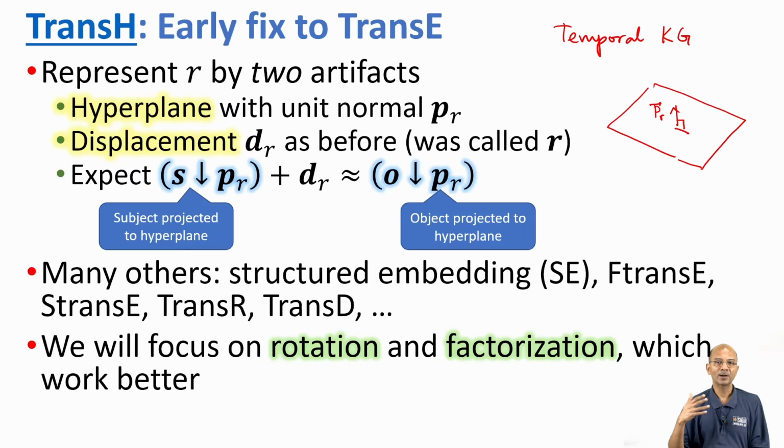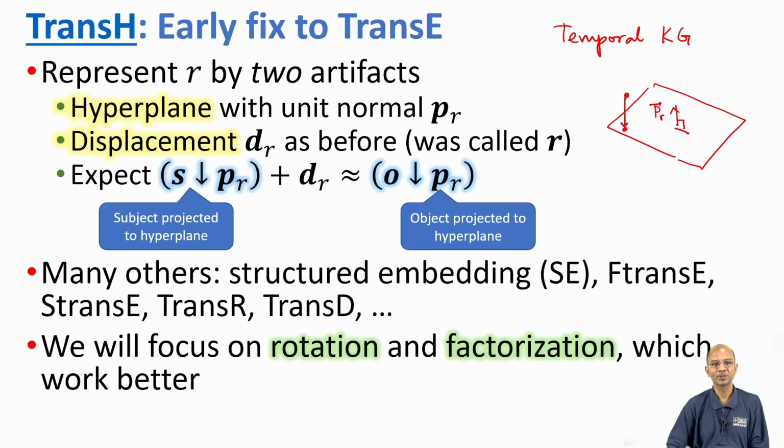What happens to our earlier law of subject plus relation equal to object? It will remain almost the same, but modified in one important way. The subject, which might be here, will first be projected or dropped to the hyperplane.